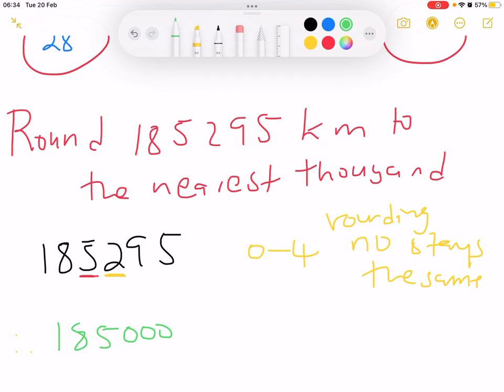And if you were to put it in a number line, you can see that 185,295 is closest to, the 1,000 closest to it is 185,000 rather than 186,000.